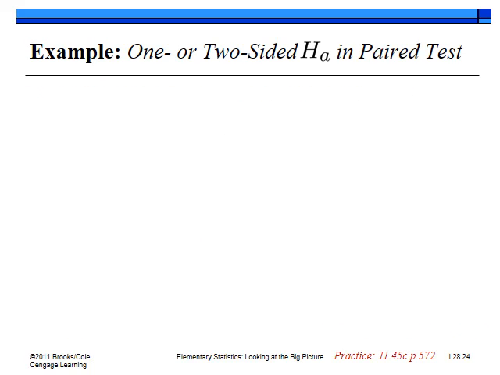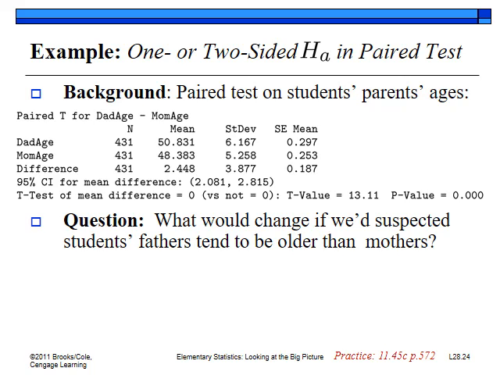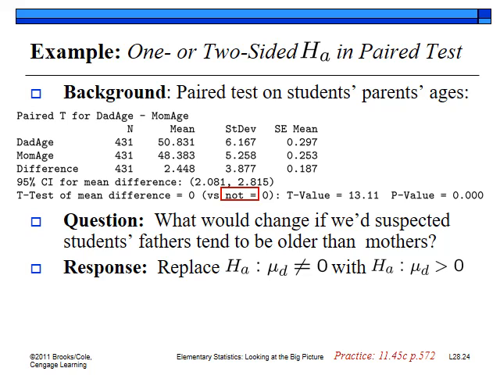Just like in the regular t-test, the alternate hypothesis could be one-sided or two-sided. We just looked at a two-sided paired test. We were testing whether the mean difference was 0 versus the mean difference is not 0. What would change here if we'd suspected ahead of time that fathers tend to be older than mothers? Well, that would change our alternate hypothesis.